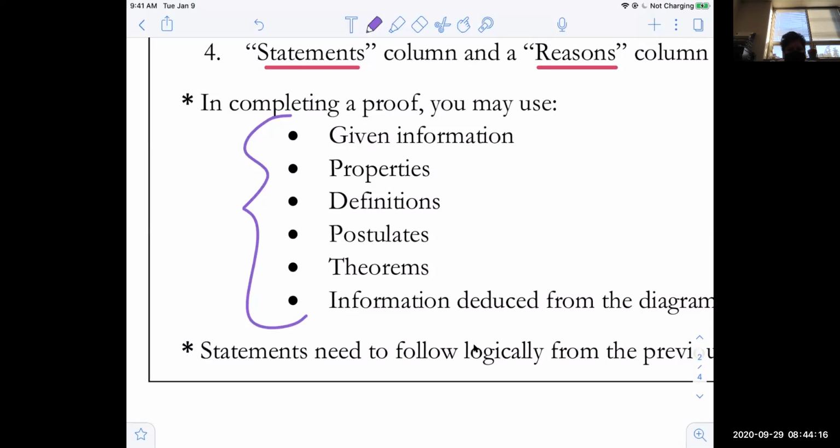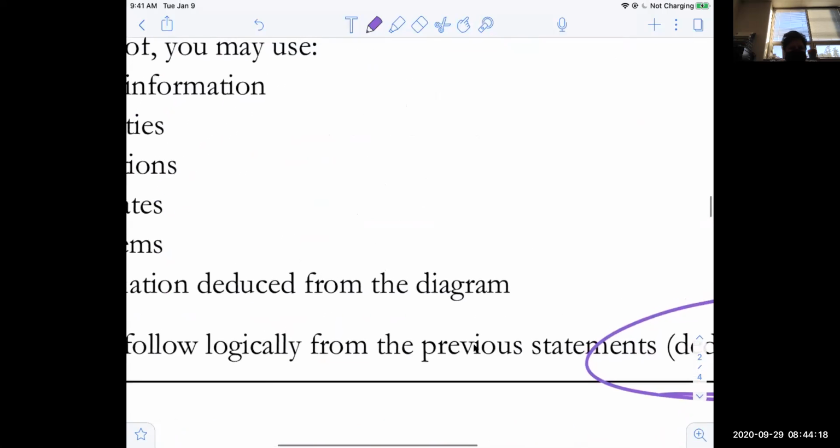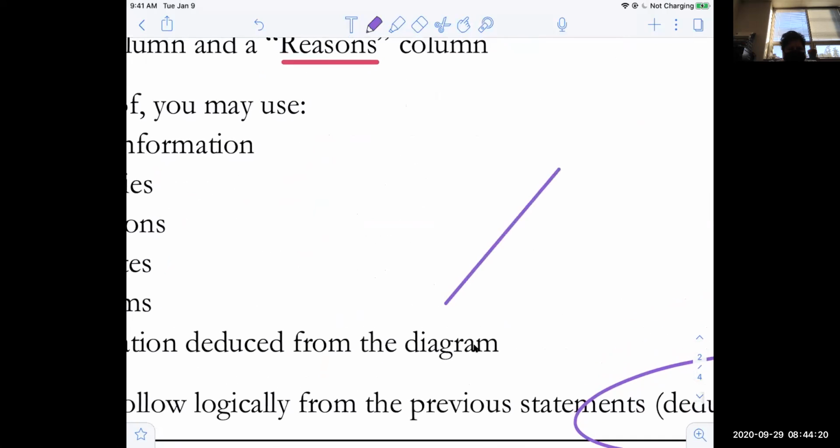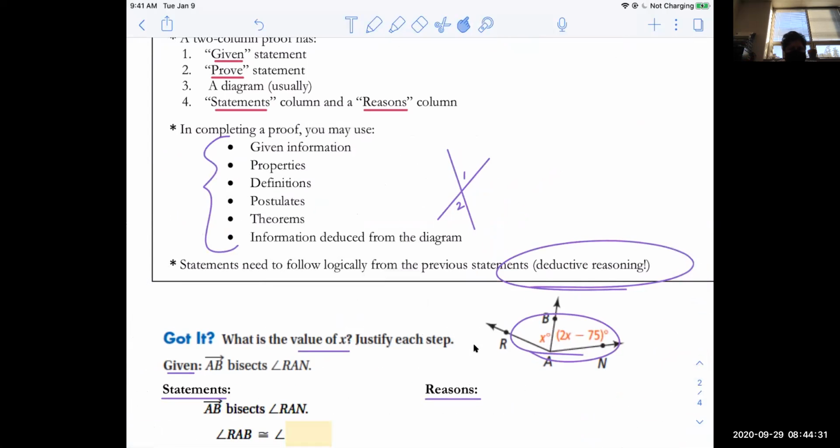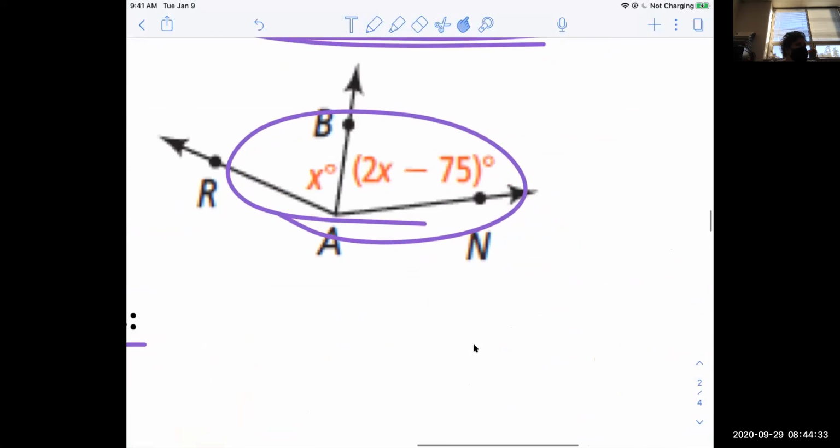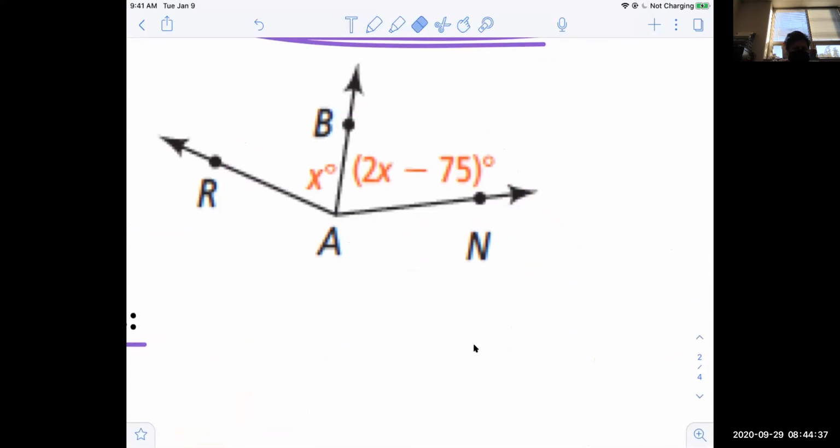And then sometimes there are things that are on the diagram, like for example, if you look at the picture and you say that angle 1 and angle 2 are vertical, that's something that you know because you know what vertical angles are. That's sort of like coming from the diagram, even though it's not specifically stated as given, it is given information.